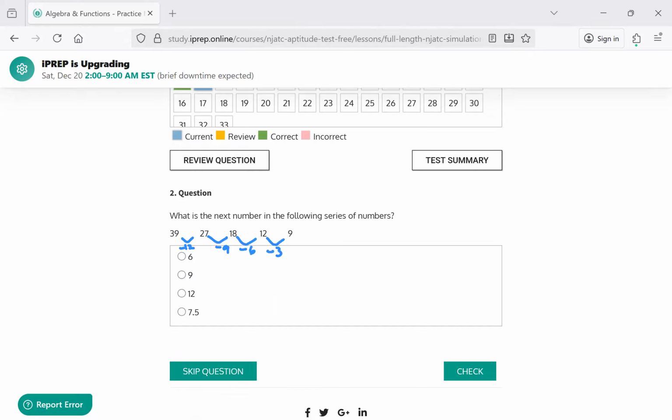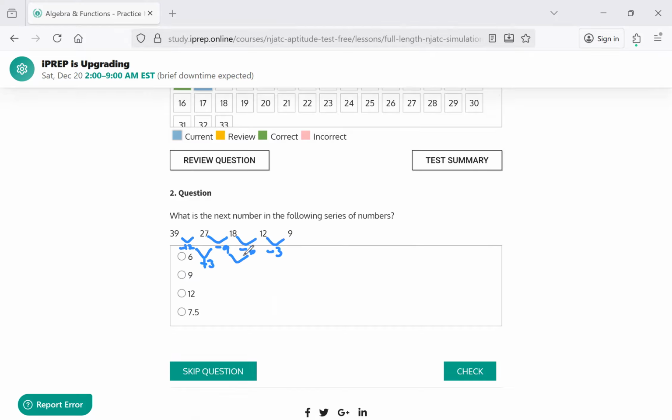Now, if you look at the patterns, our differences are -12, -9, -6, and -3. There's not really much difference, no real pattern. Actually, there is. From -12 to -9, what did you have to add? It looks like you had to add 3.